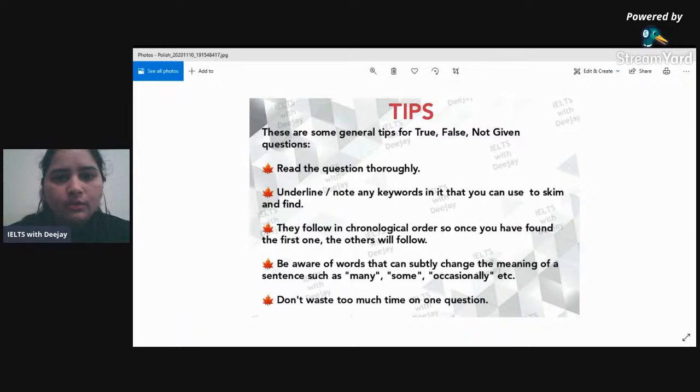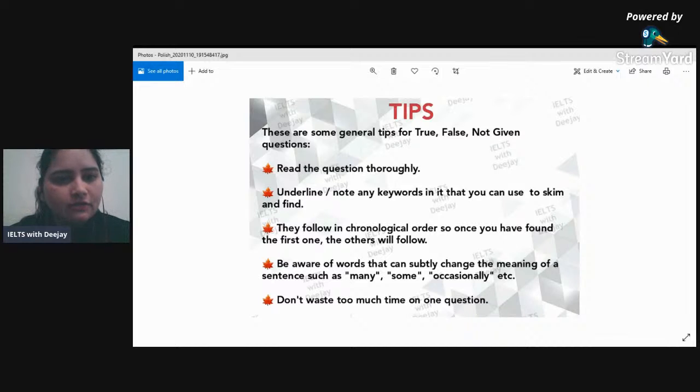Then we have some meaning-changing words such as many, some, and occasionally, because some people do not notice this information and make mistakes. Sometimes they say all, but in the passage it says some, so there comes the difference.